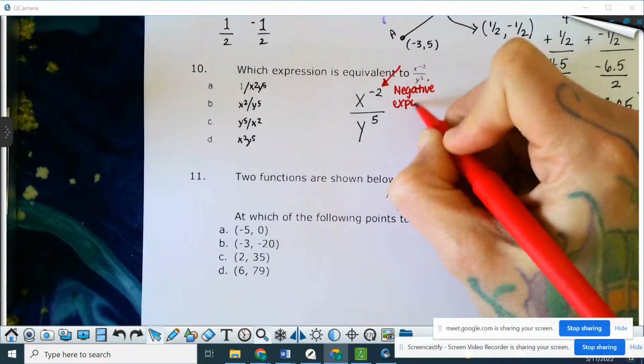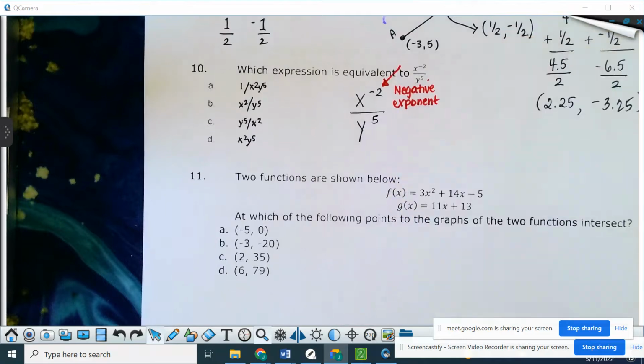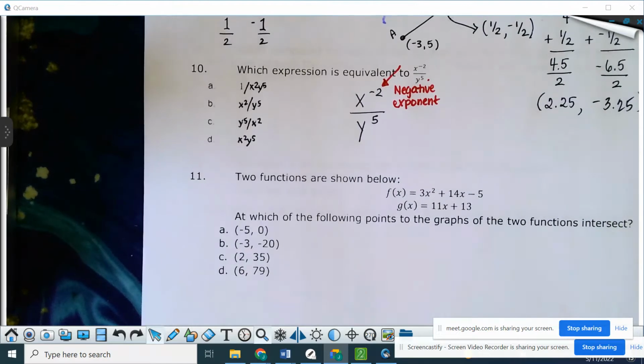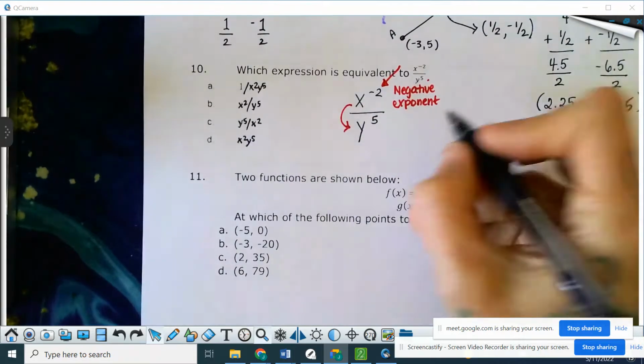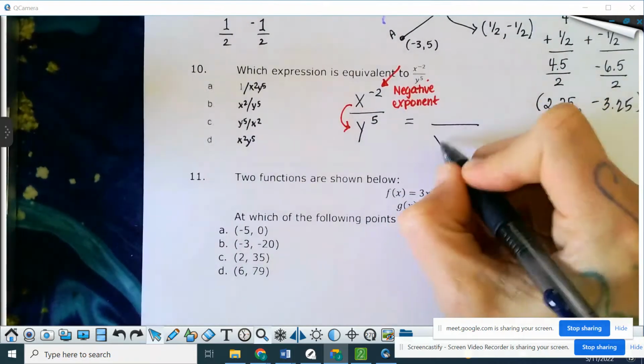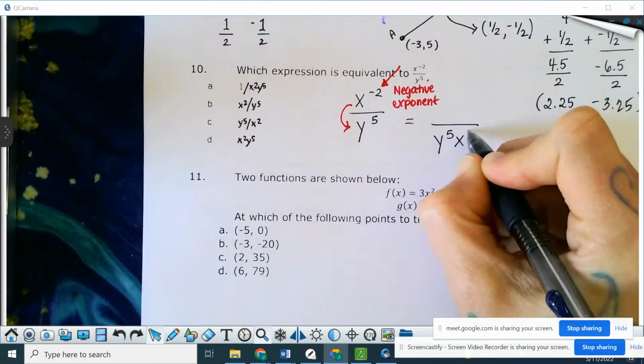When you have a negative exponent, that just pushes it into its other place. So if it's in the numerator, it drops down to the denominator, becomes positive. If it's in the denominator, it pushes up to the numerator and becomes positive. So in this case, it's going to drop down and become positive. So y to the 5th, x squared.